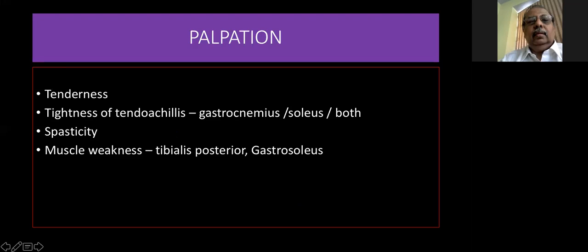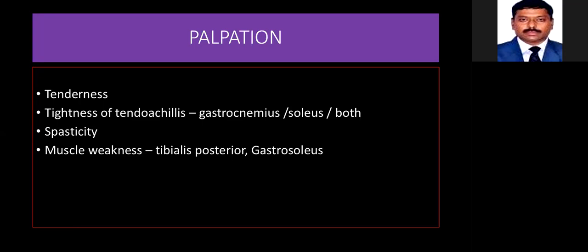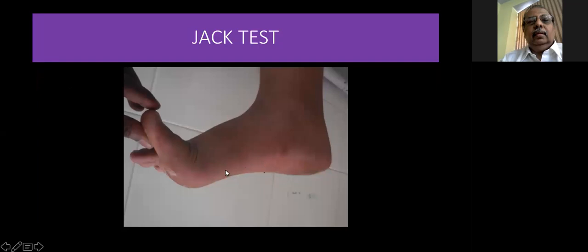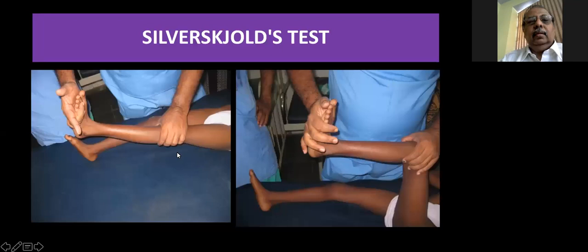Look for tenderness, tight tendo Achilles, spasticity, muscle weakness, mainly tibialis posterior, because in an adult, tibialis posterior dysfunction is one of the common causes of flat foot. Another test which has to be done is the Jack test, where you elevate the first metatarsal and you find the arch appearing. That means it is a flexible flat foot.